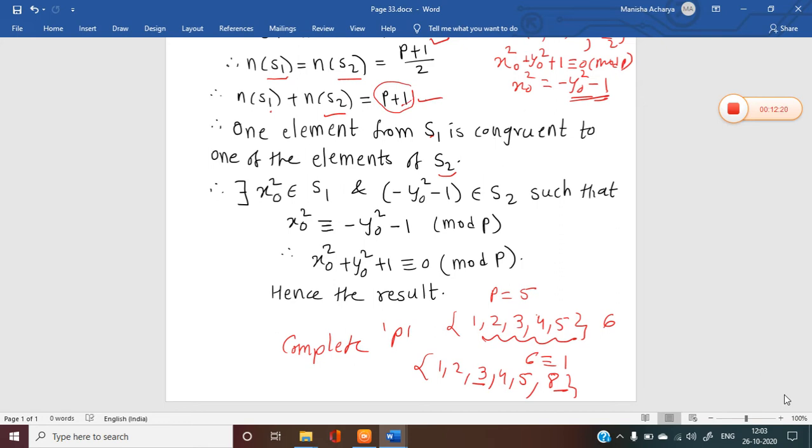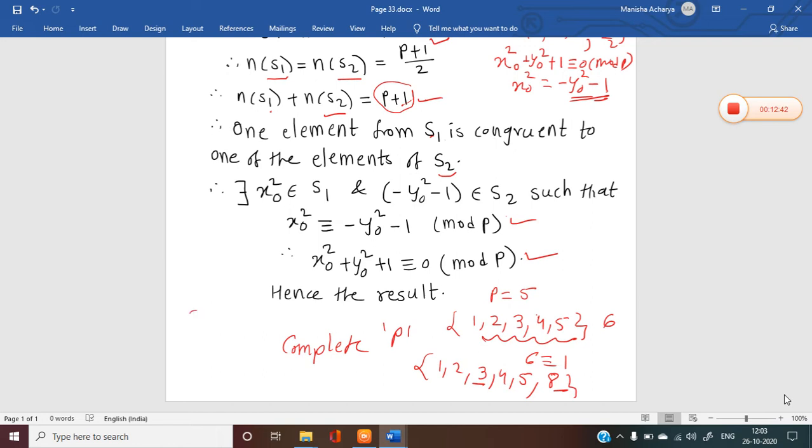So in this fashion, when you get the number of elements more than P, obviously two of the elements must be congruent to each other modulo P, and therefore one element from S1 is congruent to one of the elements from the set S2. So here we say let x0 from S1 be congruent to minus y0 minus 1 from S2, and therefore we get the required congruence equation.